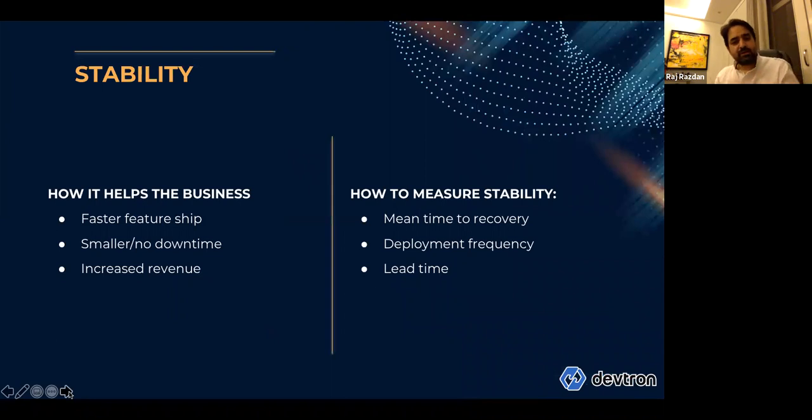Let's look at stability a little bit, for a couple of minutes. I think it very strongly talks about how soon you can ship a particular feature, literally in the smallest possible time and with no downtime at all.